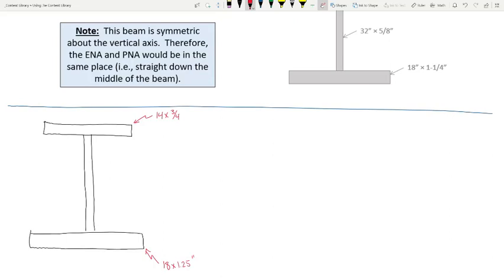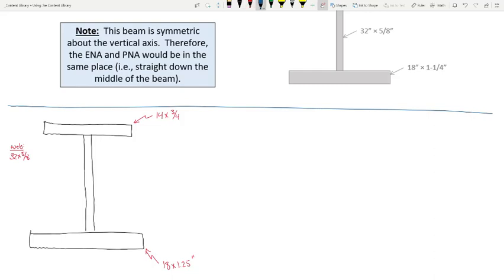And then the web is a 32 by 5/8. Okay? Now, what we need to do is figure out where the plastic neutral axis is. And the plastic neutral axis is the horizontal line that splits this up such that the area above equals the area below. Now, how do we do that?